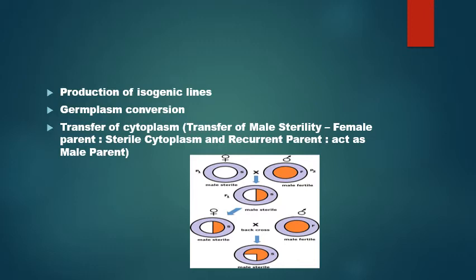After 6 to 8 backcrosses, the progeny would have the nuclear genotype of the male parent and the cytoplasm of the female parent. This is known as transfer of cytoplasm by means of the backcross method.